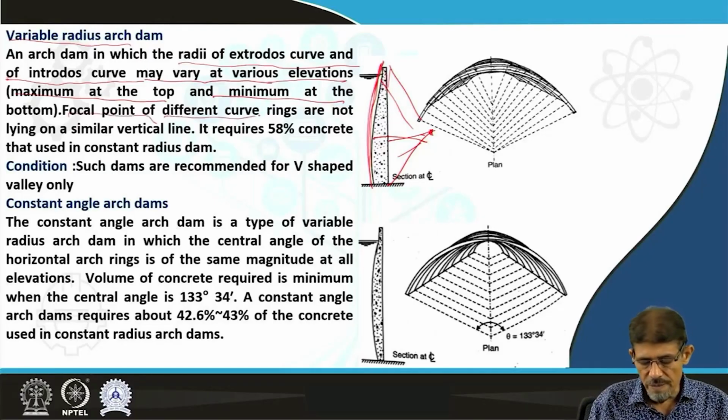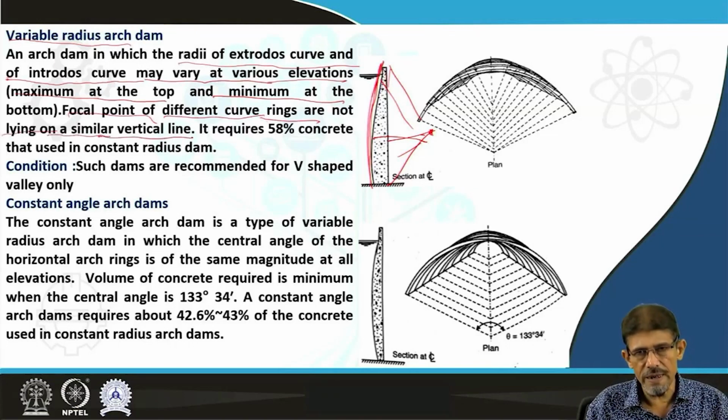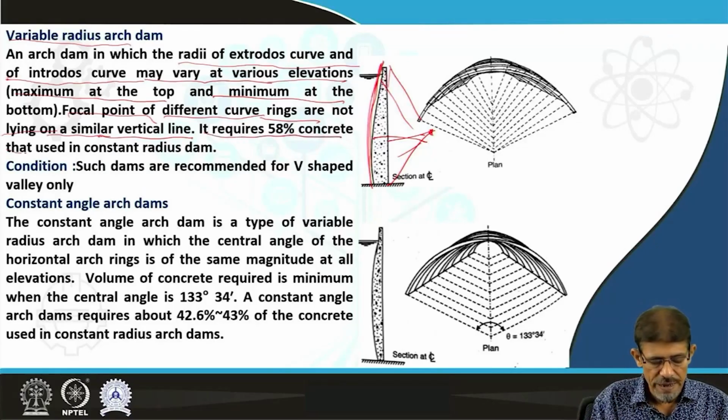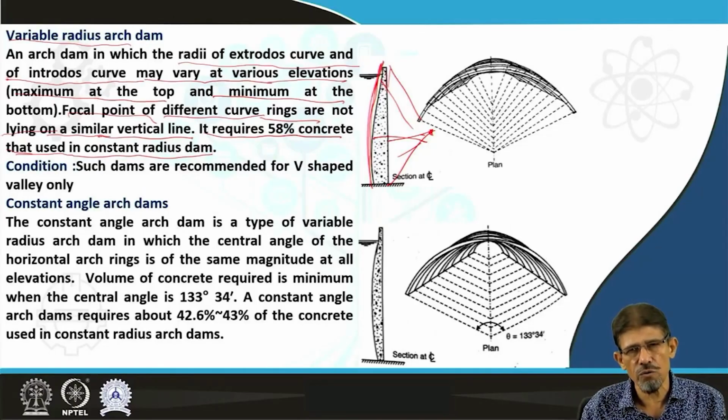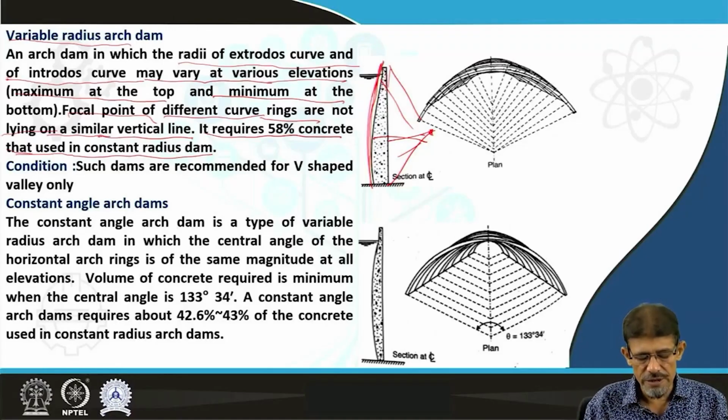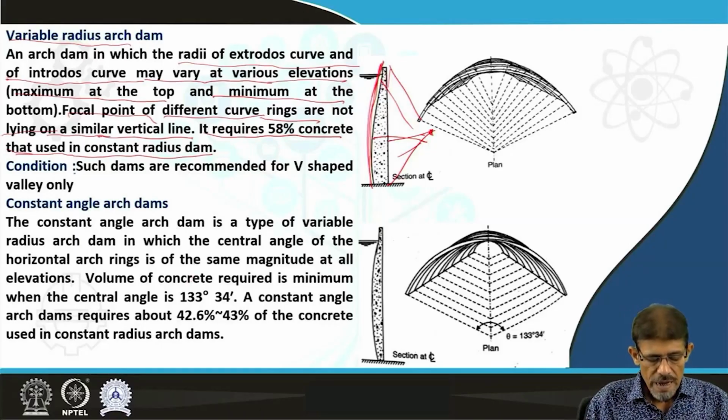The focal points of different curve rings do not lie on a single vertical line, and it requires 58% of the concrete used in a constant radius arch dam. Means if in case of the constant radius arch dam we use 100% concrete, then in this case we use only 58% concrete, to save concrete.